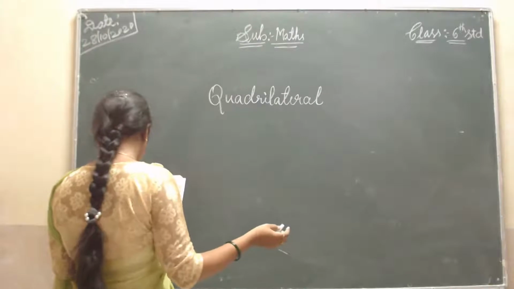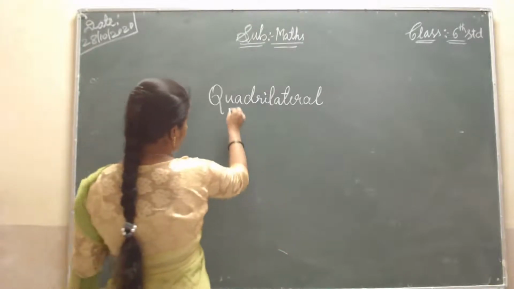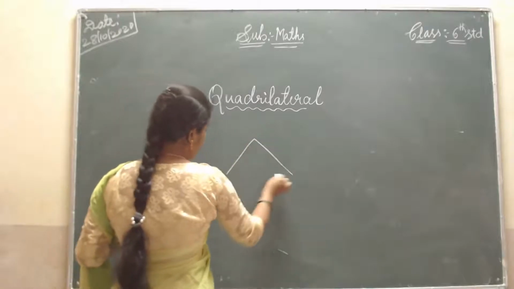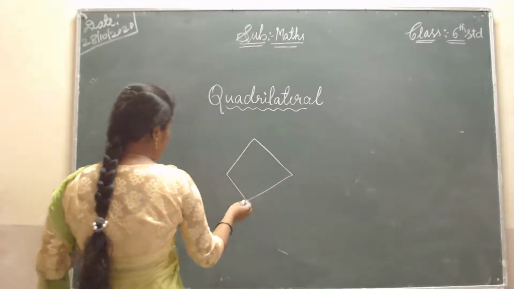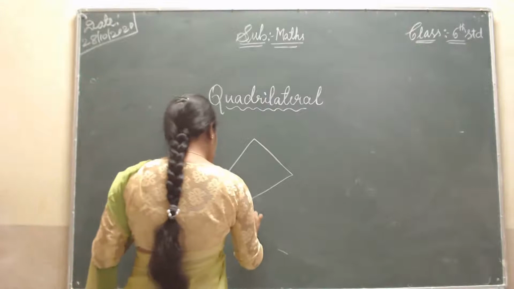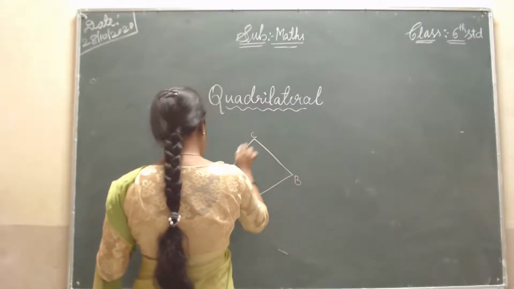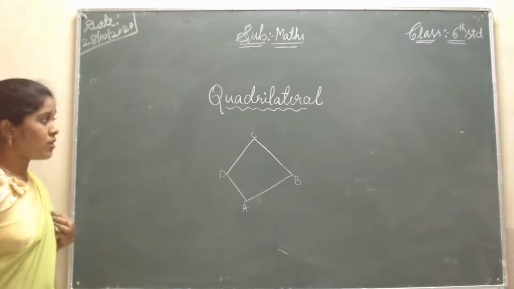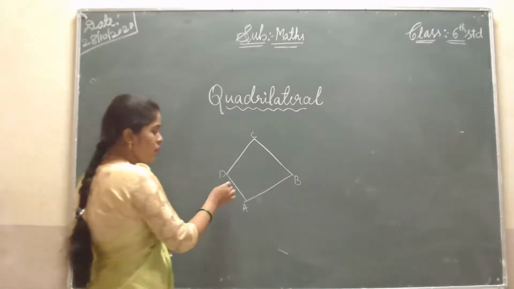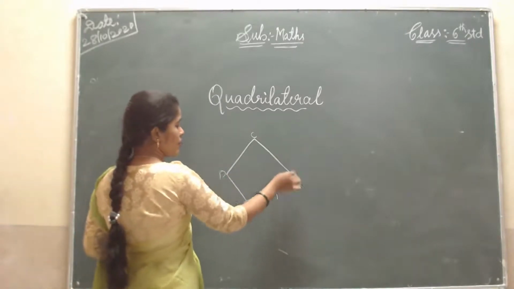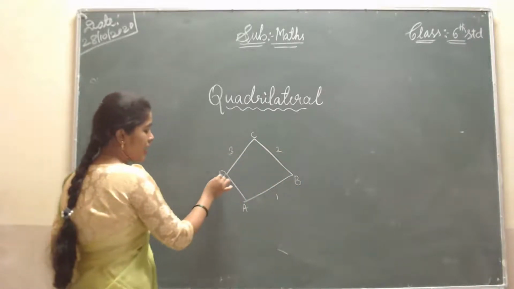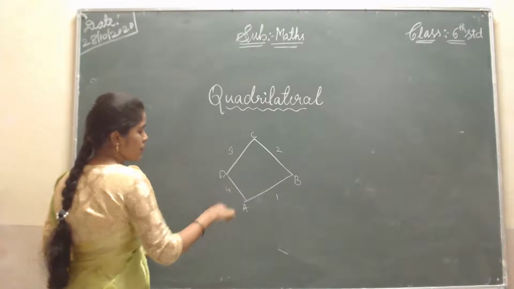What is quadrilateral? See here, A, B, C, D. A 4-sided polygon is nothing but a quadrilateral. Four-sided. AB is one side, BC is another side, CD is one side, and DA is the last fourth side.